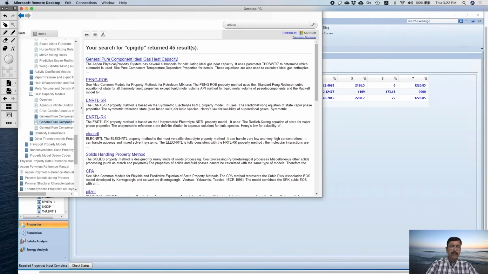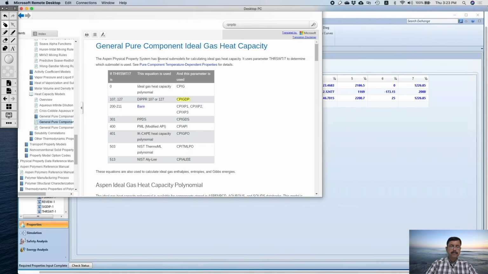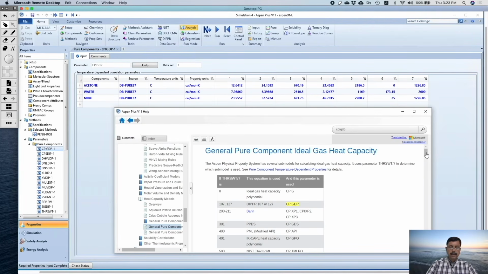It is actually general pure component ideal gas heat capacity. Just click on that. You will get CPI GDP, ideal gas heat capacity polynomial, DIPPR 107 or 127.